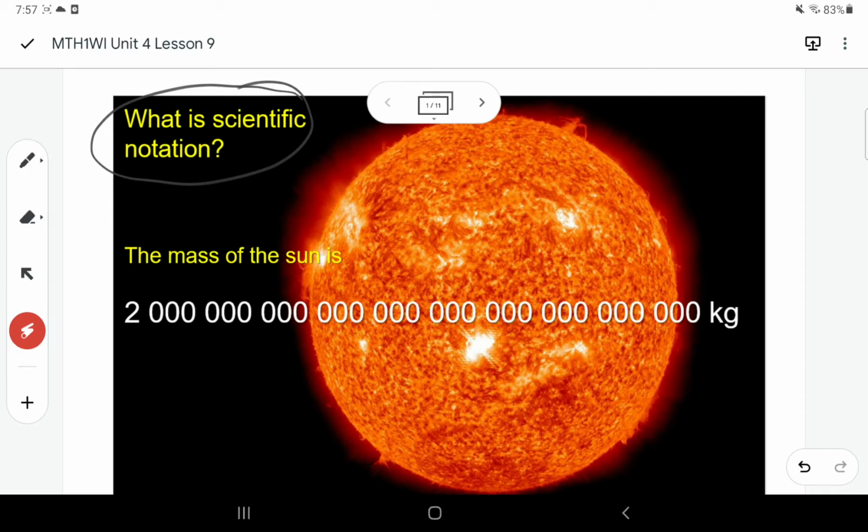For instance, a lot of our applications might come from astronomy and measuring distances in space or measuring the size or the weight of very large objects like the sun. So if we were able to weigh the sun, we would see that it's about this many kilograms. So it's a 2 with how many zeros?